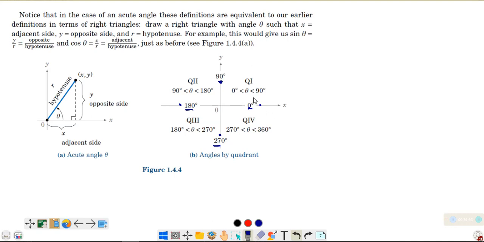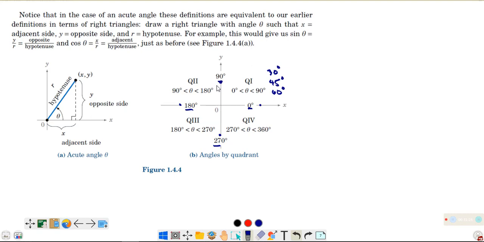Now, let's talk about the angles that has the terminal sides lying on quadrant 1. So, these are the angles between 0 to 90. Yan yung mga 30, 45, 60, 59, 89. Yan. Lahat sila nandito. I-expect mo nandito sila sa quadrant 1.